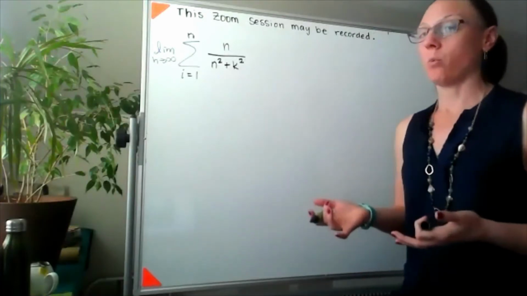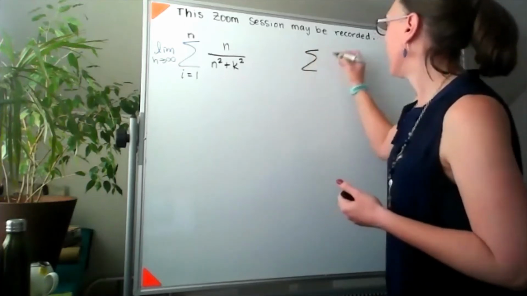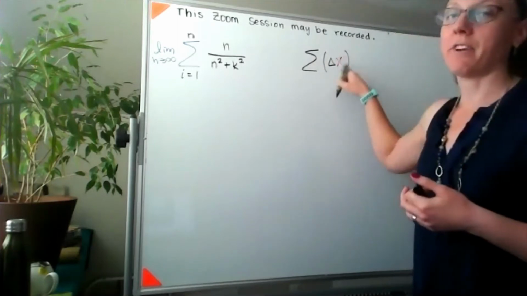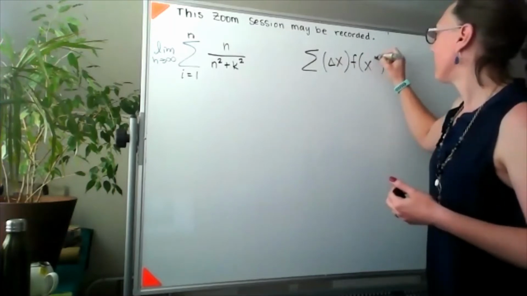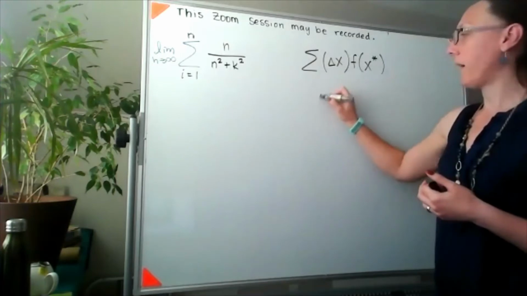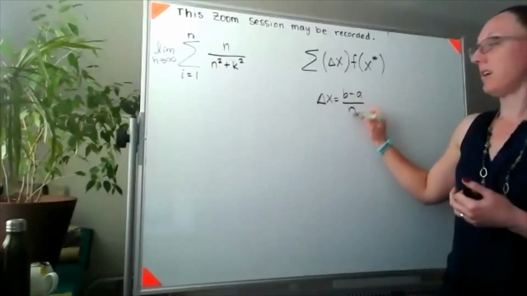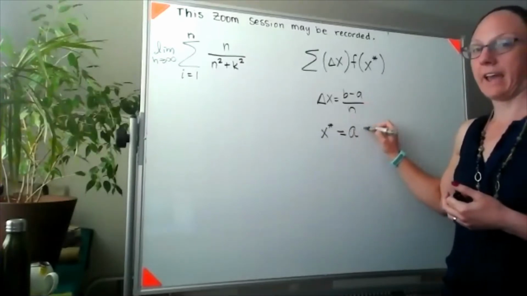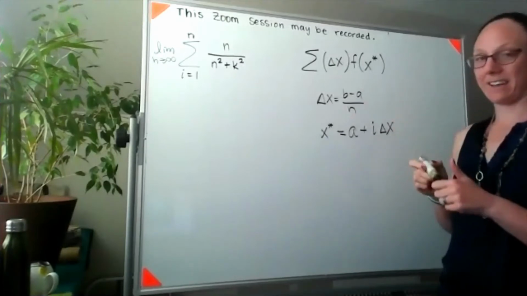So thinking about what this should look like as a Riemann sum, I'm expecting to find some kind of delta x and some kind of f of x star, where my delta x is going to come from b minus a over n, and that x star is going to look like a plus I delta x.